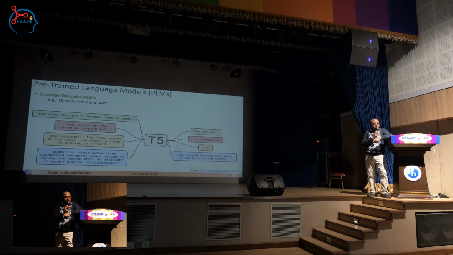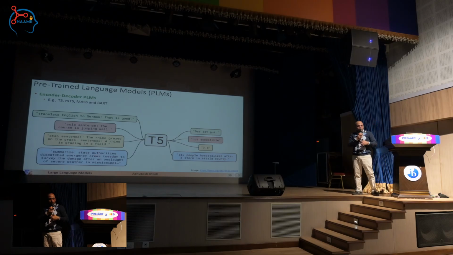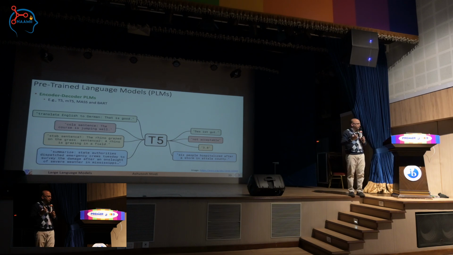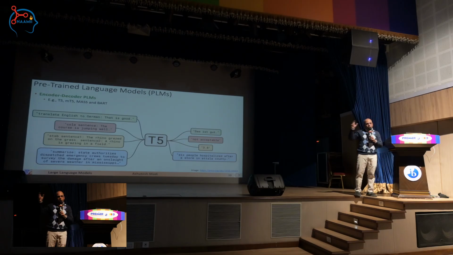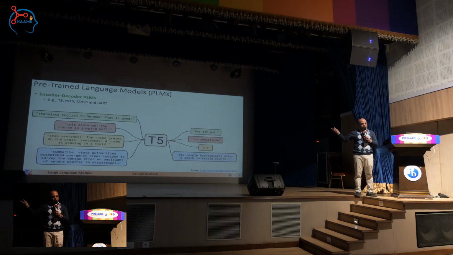You give an instruction that you want to summarize something, and you give the sentence. And so forth. So in the encoder decoder model, one interesting thing which happened was that now you could give natural language prompts, and the model was able to do the task. Right? Earlier, the concept of prompting did not exist. Now prompting came into being.